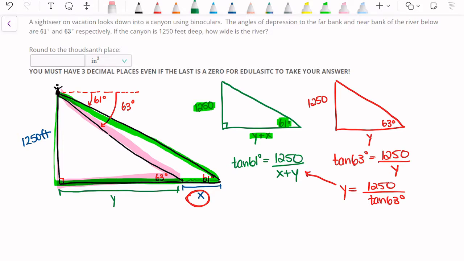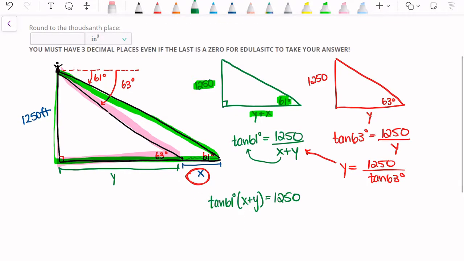And now I can sub this into my green equation. I'm actually going to do a little bit of manipulating first. I'm going to multiply the xy over here. So I've got tan 61 times x plus y equals 1250. And I'll sub in here, but it's up to you wherever you want to solve or sub your values in.